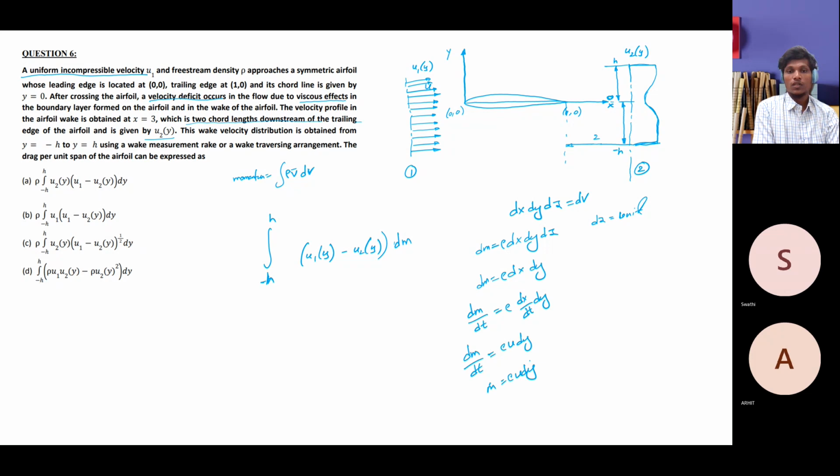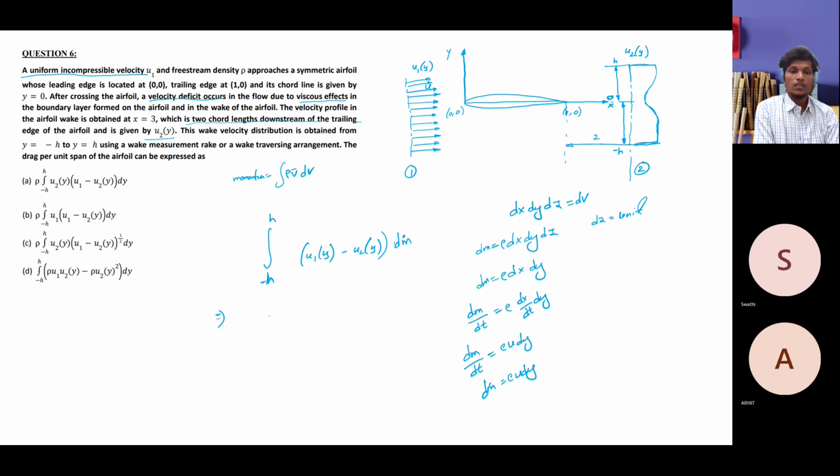So I replace the mass with dm dot, the momentum per unit time, the momentum change. Everything comes the same way because we need the drag, right? When we are looking for the drag, we need to differentiate with time. That time differentiation we are doing with the change in mass flow rate, which we represent as dm dot.